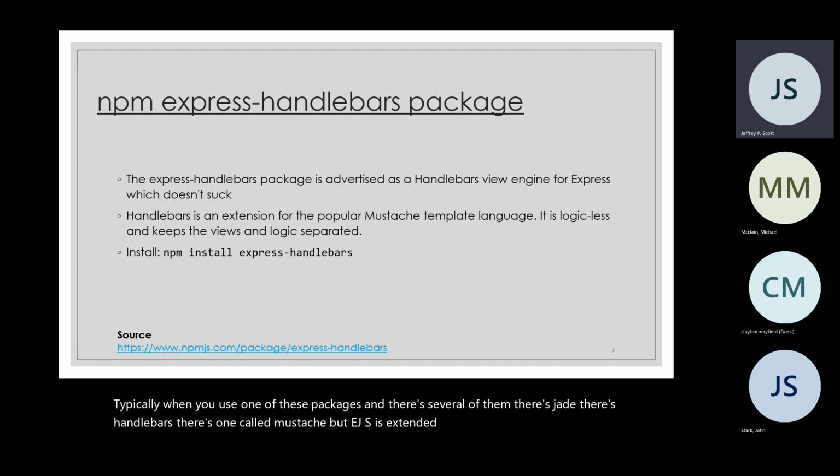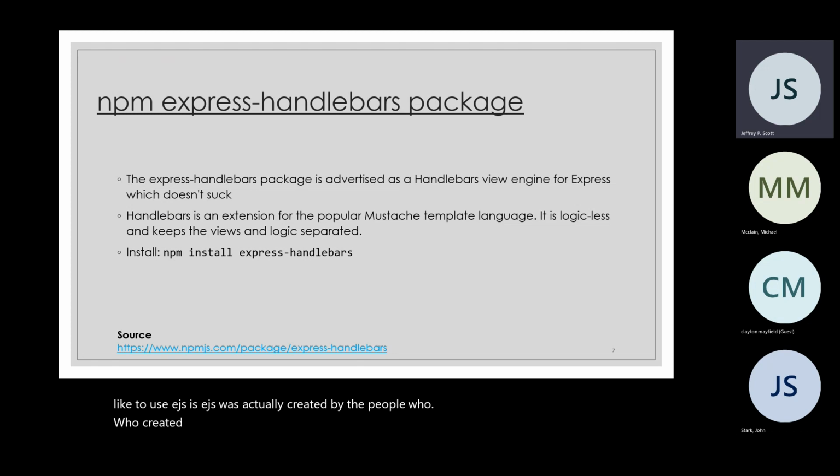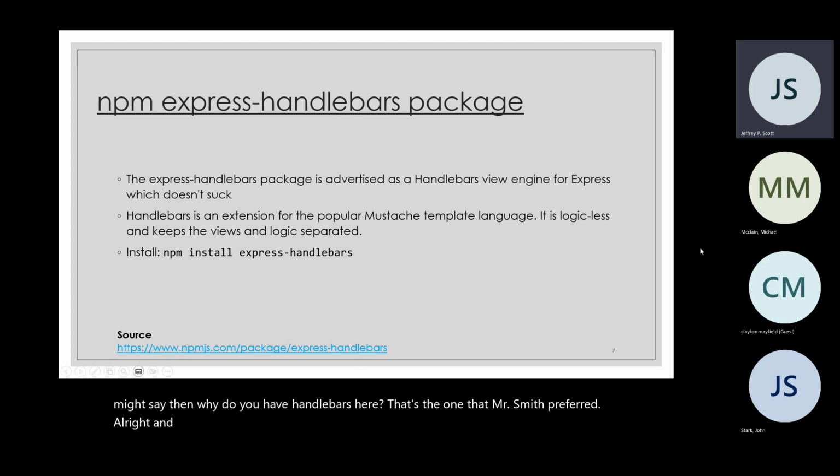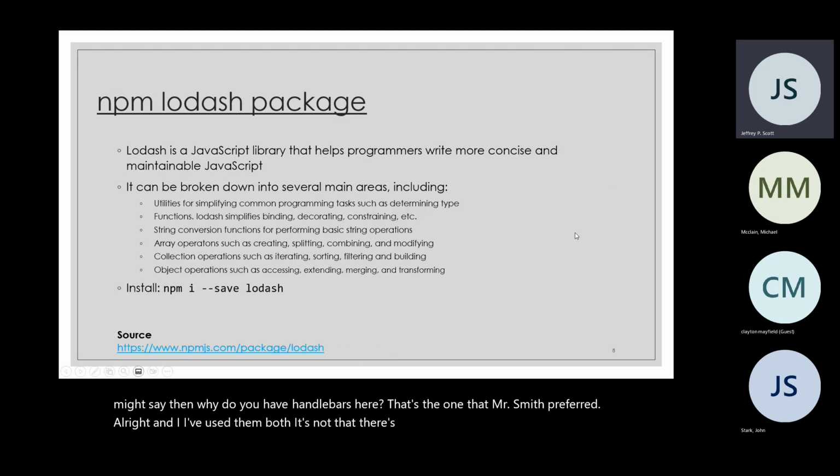The reason I like to use EJS is EJS was actually created by the people who created Express. All right, so it really is made to work with Express. Okay, now, so you might say, then why do you have handlebars here? That's the one that Mr. Smith preferred. All right, and I've used them both. It's not that there's anything wrong with either of them.